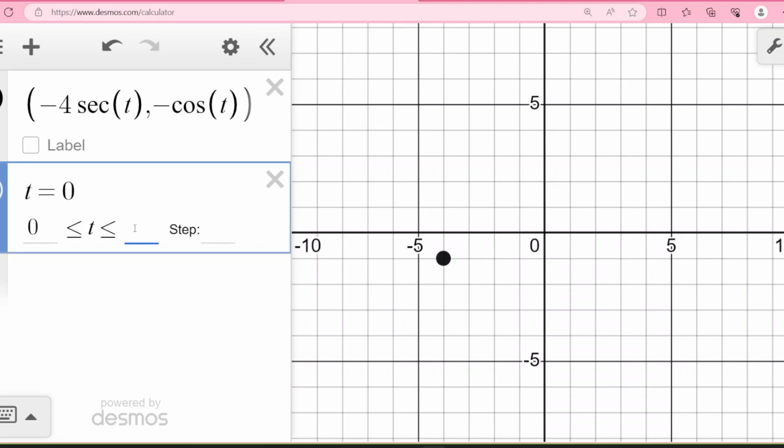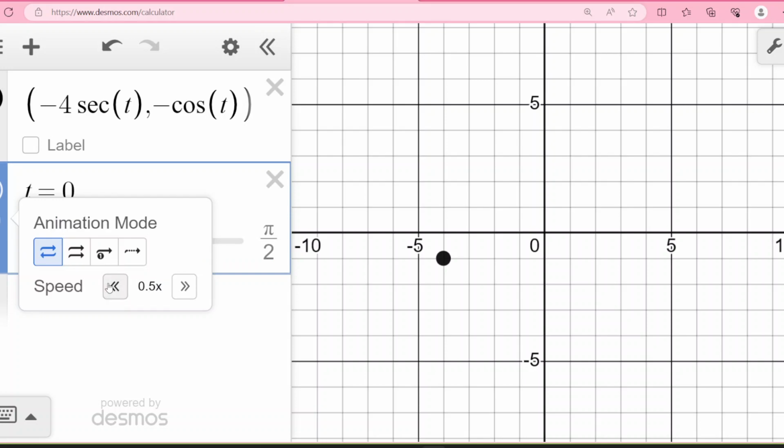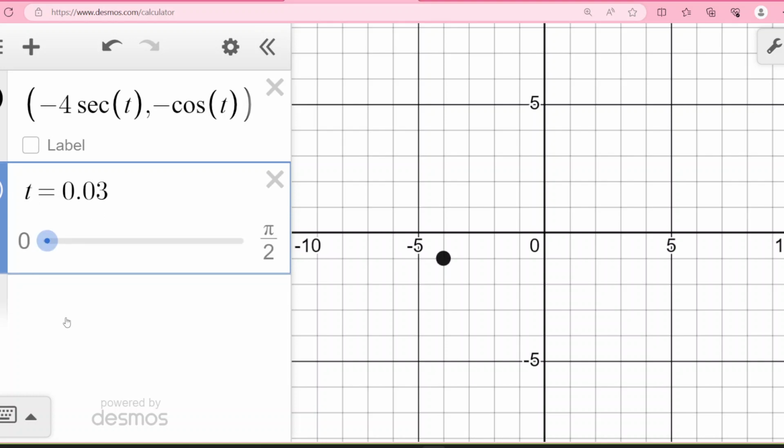Let's just go out to what they wanted here, pi over 2, and then go steps. Let's just do 0.01 again, and I'll play this really slowly so we can see how the points are moving. All right, so see, it's starting at the point -4, -1, like I said, when t equals 0, and then you see it's definitely moving very, very slowly, but to the left. See, it's moving to the left.